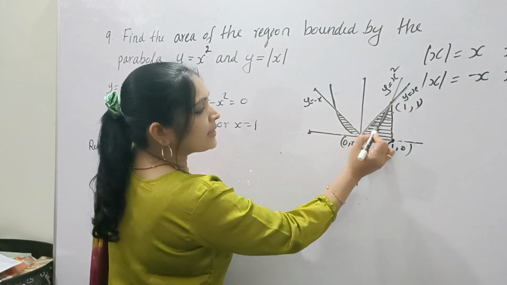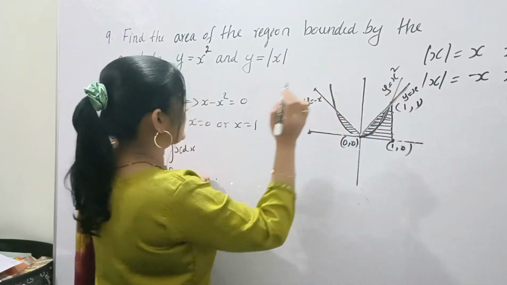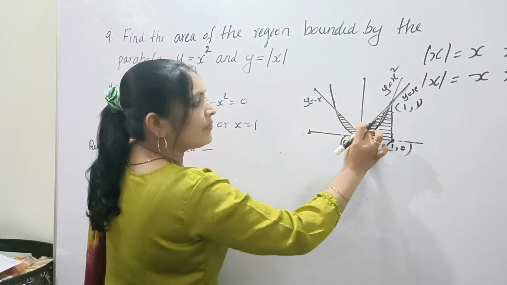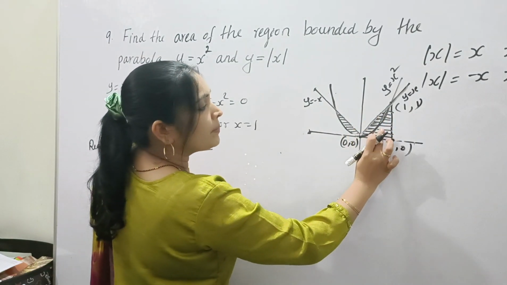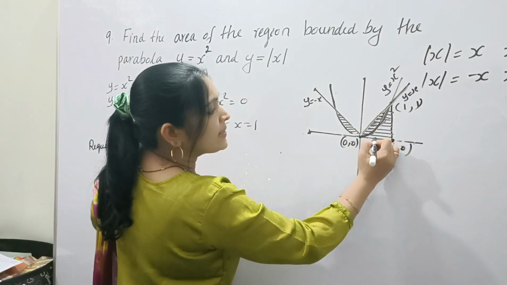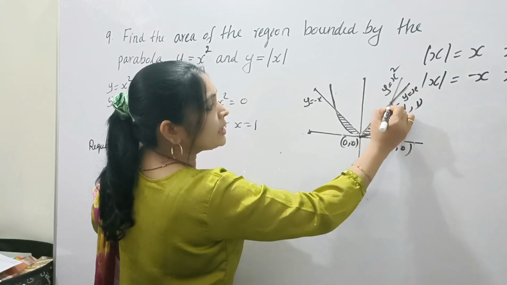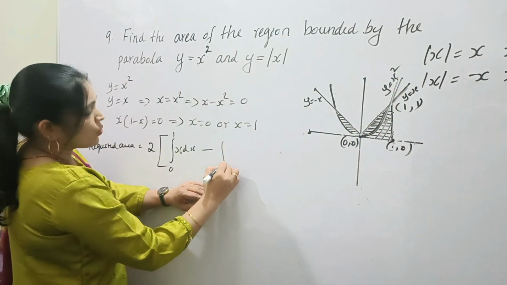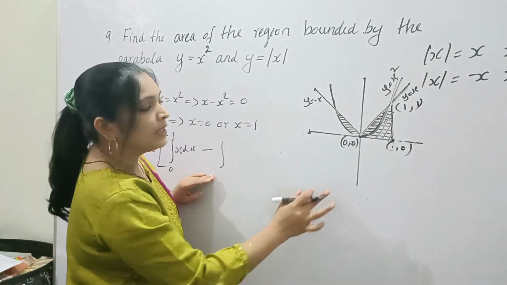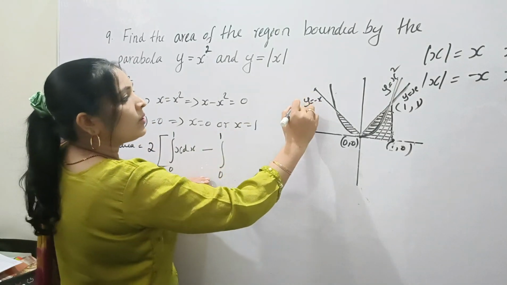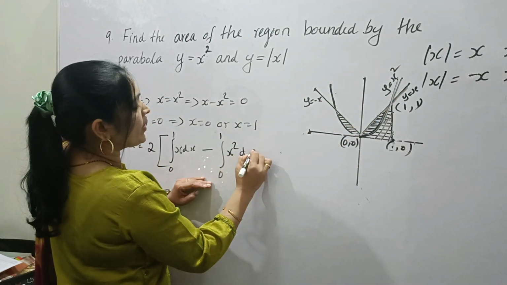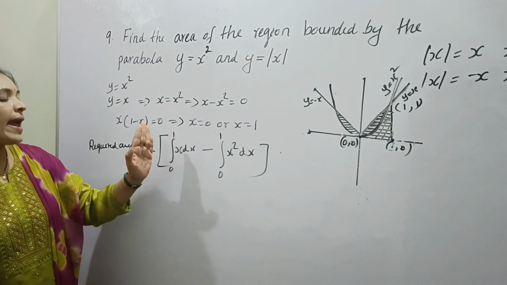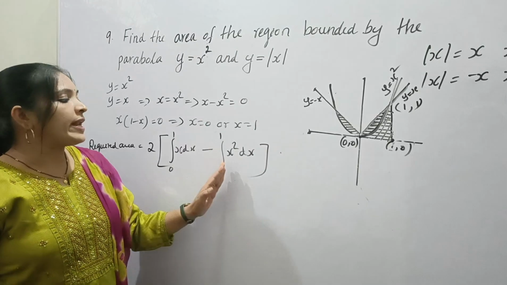Then minus this area, that is the area under this curve. What is the curve equation? Y is equal to x square. The integral is from 0 to 1, x square dx. So the area is 2 into integral 0 to 1 x dx minus integral 0 to 1 x square dx.